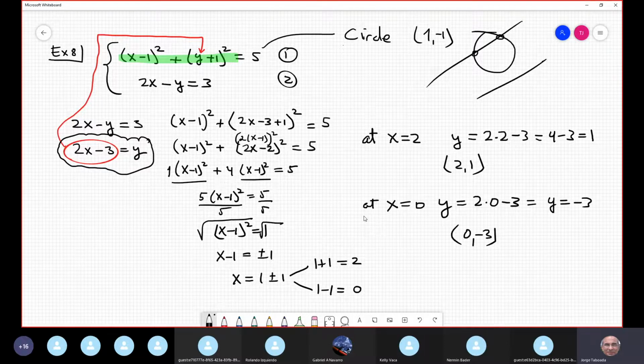See, if the line never touches, no solution, and if the line touches tangent, it is one solution. But in this case, two solutions, this and that. Let me try to show you the geometry idea in Desmos. No?